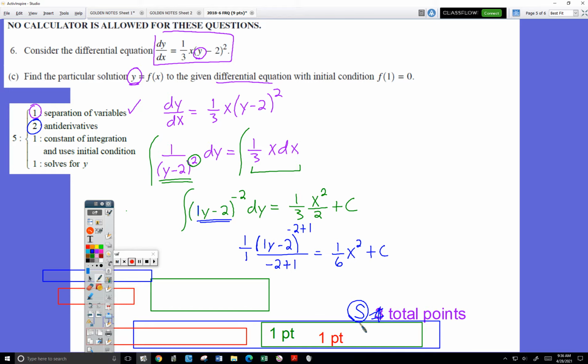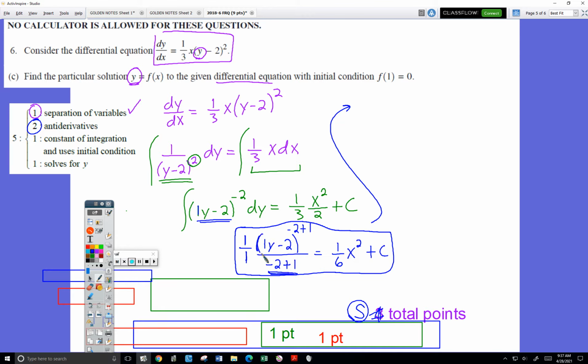So now I've got to use this equation to go find c. That's the c in SASE. Let's clean that up a little bit. So 1 over 1 is just 1. Negative 2 plus 1 is negative 1. Dividing or multiplying by negative 1 is the same thing, so we'll ignore that for a minute.